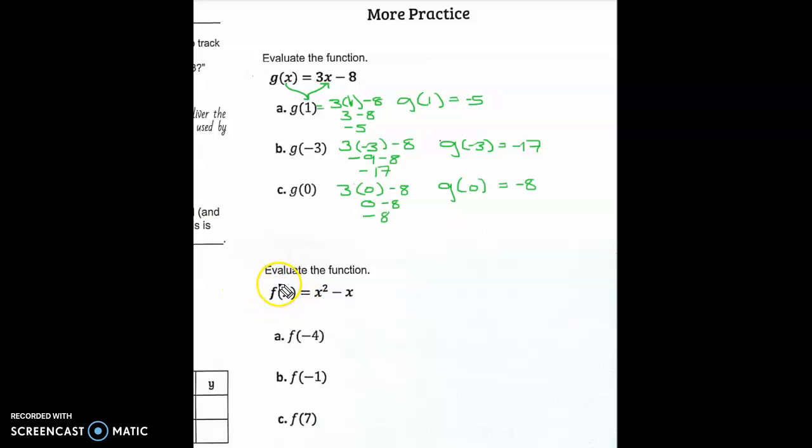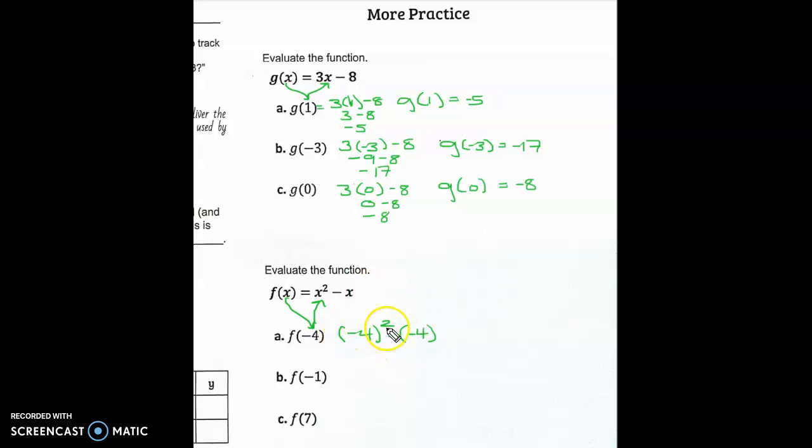F of x is a different function. I have x squared minus x. So again, my x is my variable, and I'm going to replace that with negative 4. Negative 4 is going to go into my equation. So now I'm going to have negative 4 squared minus negative 4.